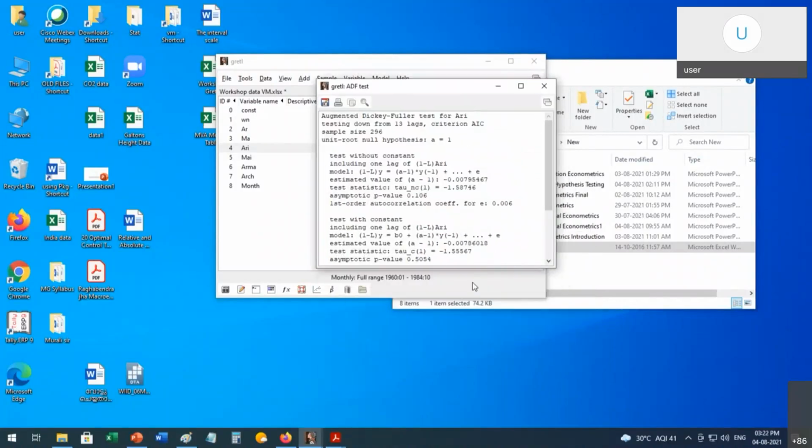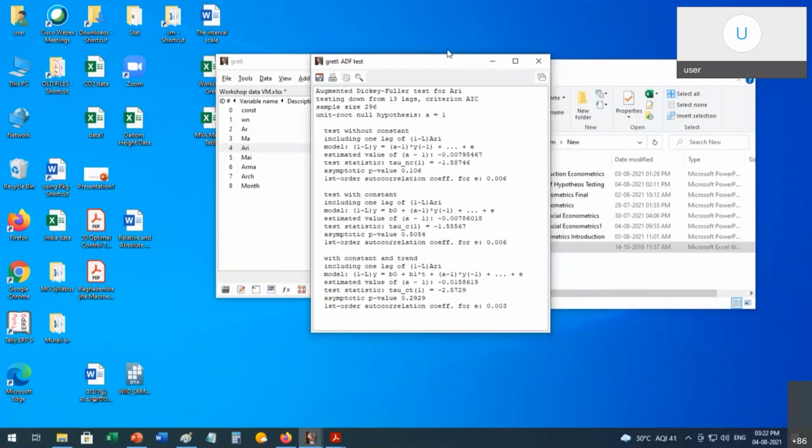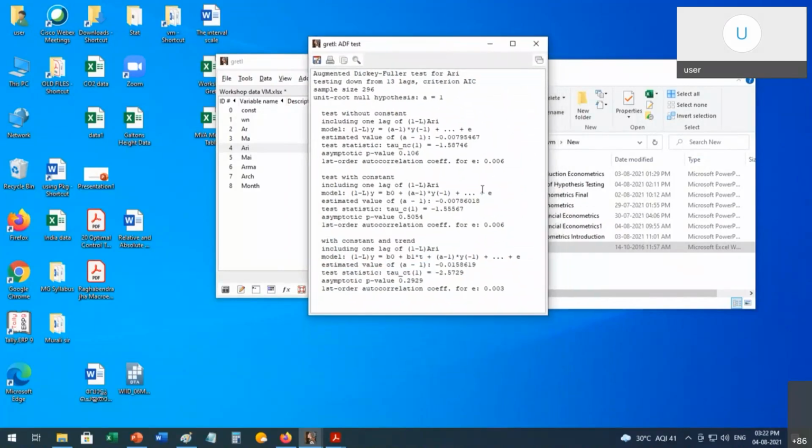We get the result here. See the p-value. What do we find? The p-values are all above 5% in all three cases.